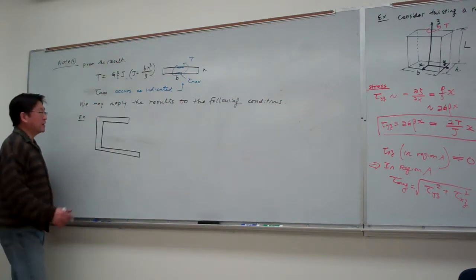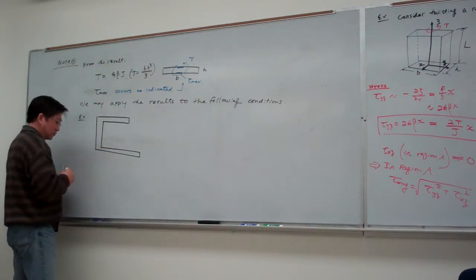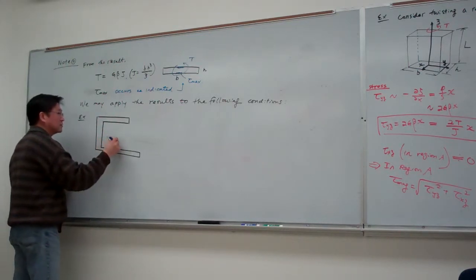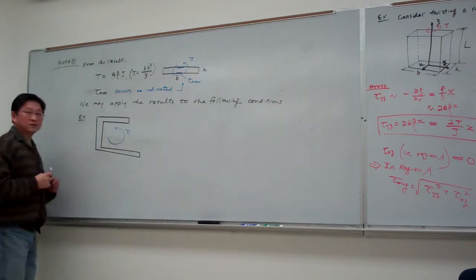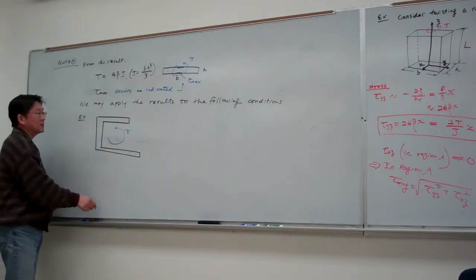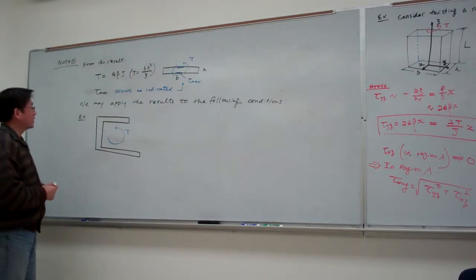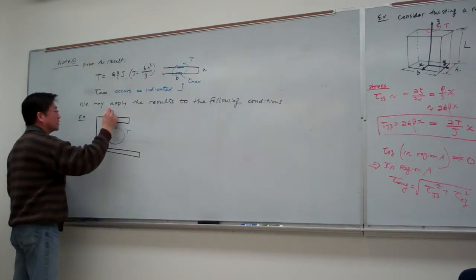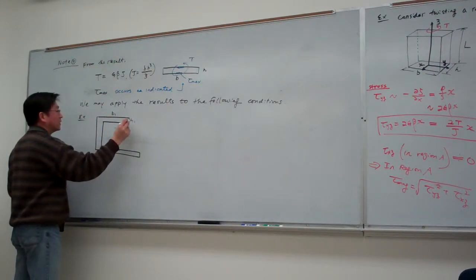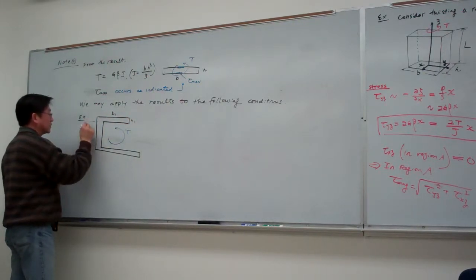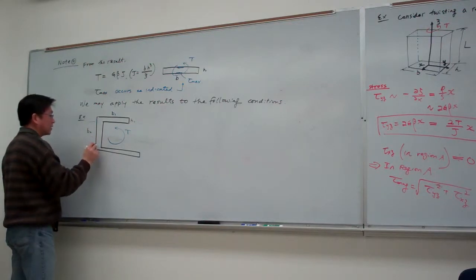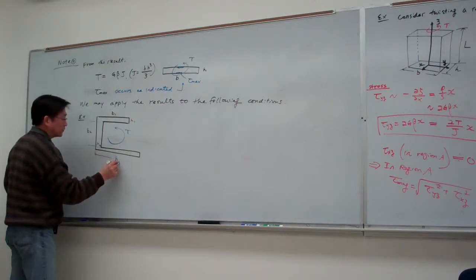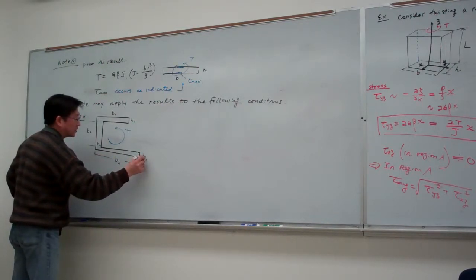And so for this case, if this one is under torsion, for example, this is a cross section, the torsion applied here. We want to study the twisting of this case. We can use this result. Say this is B1, H1, and this one approximate B2, H2, and here is B3, and here is H3.